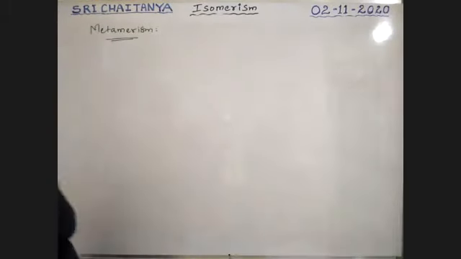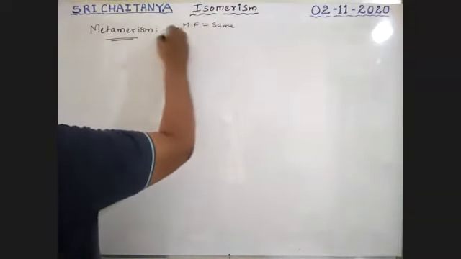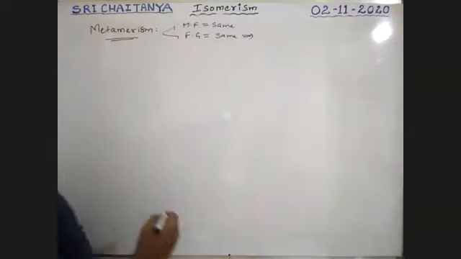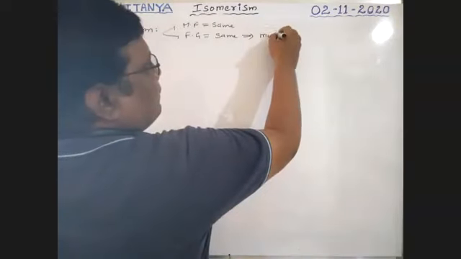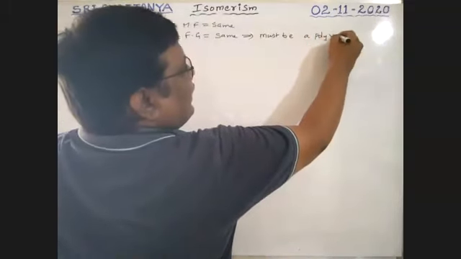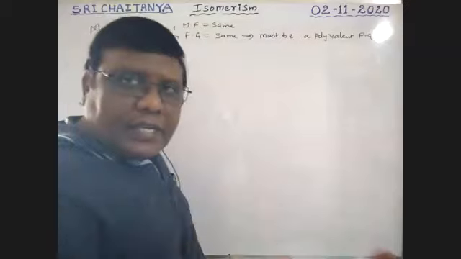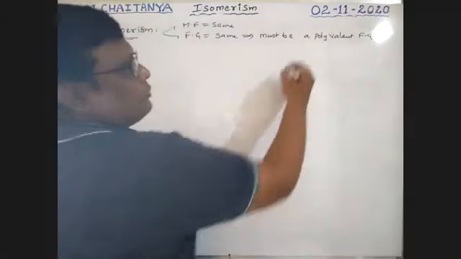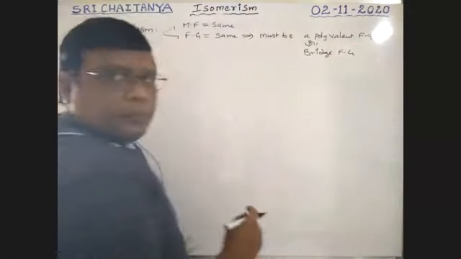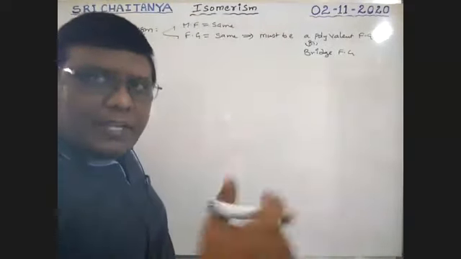Very important, boys. See here. First one, molecular formula same. Functional group also same. Boys, this functional group must be a polyvalent functional group. That means more than one valence is available. That is called polyvalent, which is also called a bridge functional group, boys. So that functional group must be polyvalent. I will explain, please wait.